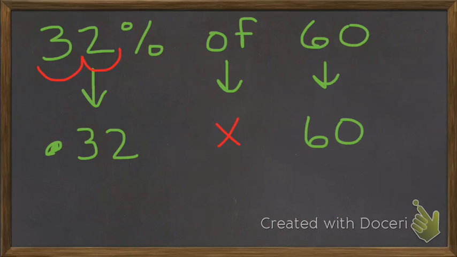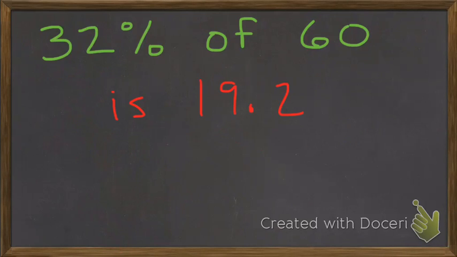So 32% of 60 would be 19.2. The only time that we would leave the 0 is if we're dealing with money. If this was 32% off of $60, then we would want to figure out that this was $19.20. But because we're not dealing with money on this problem, we just want the 19.2.